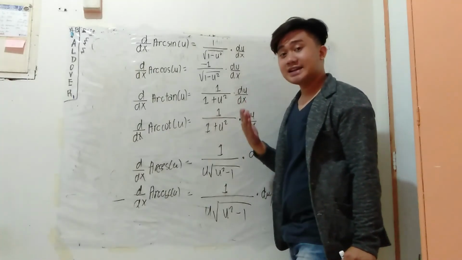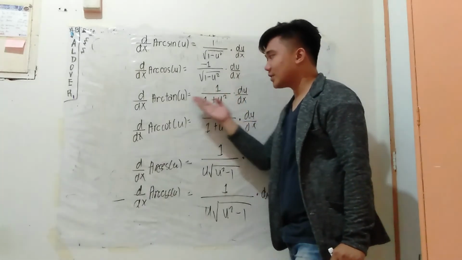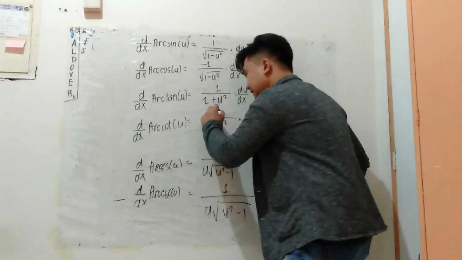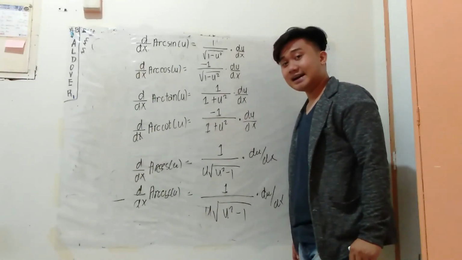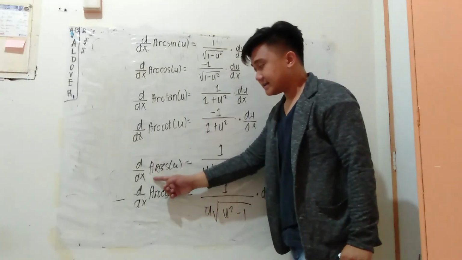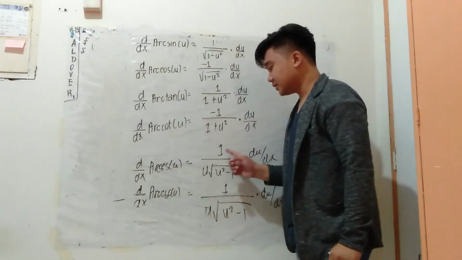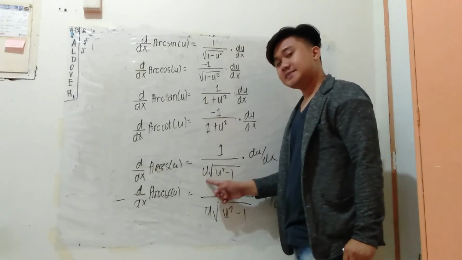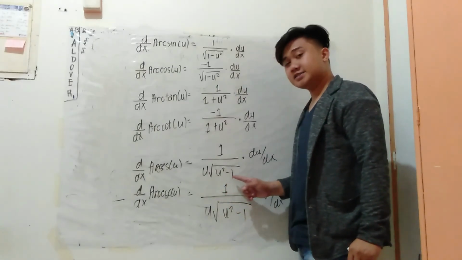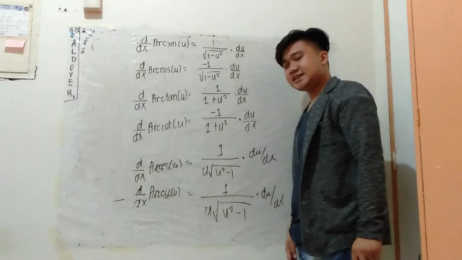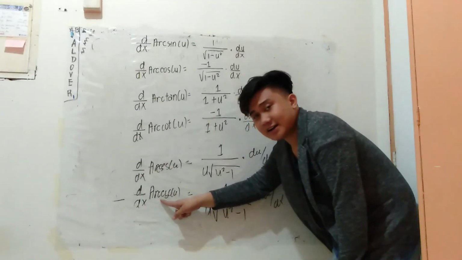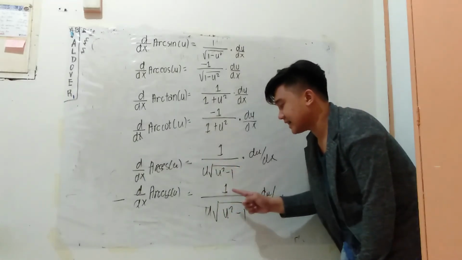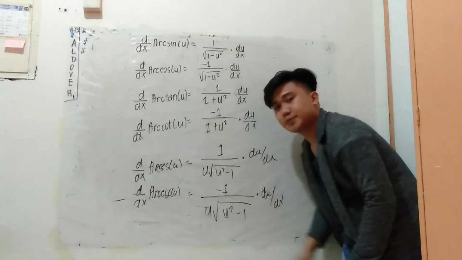For cotangent, just copy the one for tangent and make it negative. Okay? Isn't it easy? When it comes to arcsec, that is 1 all over u times square root of u squared minus 1 times du over dx. Again, for arc cosecant, copy the one for secant and negate it.